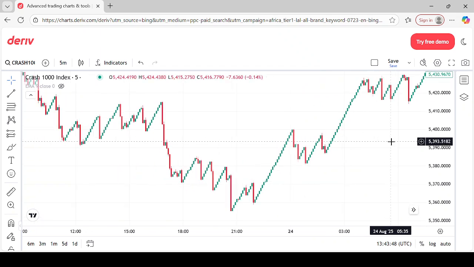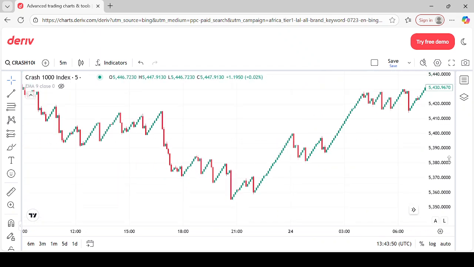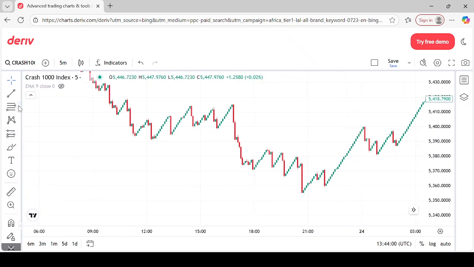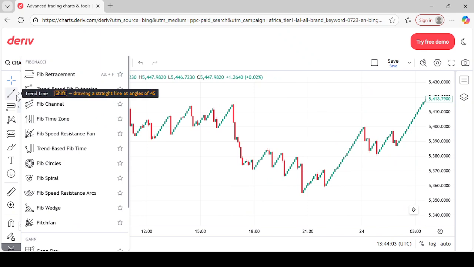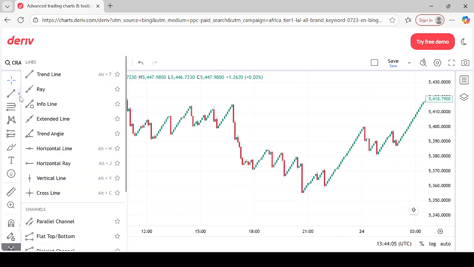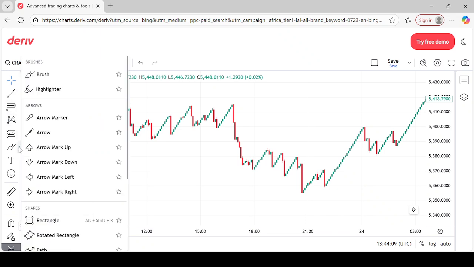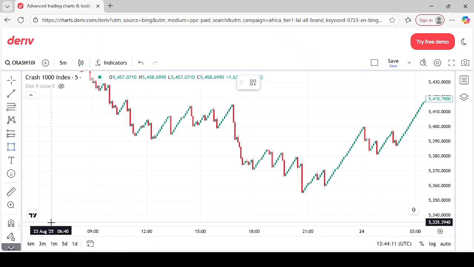The second step would be to identify strong market conditions. To identify the potential boom or crash, you have to look out for breakouts from consolidation. When you see a little bit of consolidation, it means that we are expecting a breakout either to the upside or to the downside. This is what we are going to use to anticipate such moves.